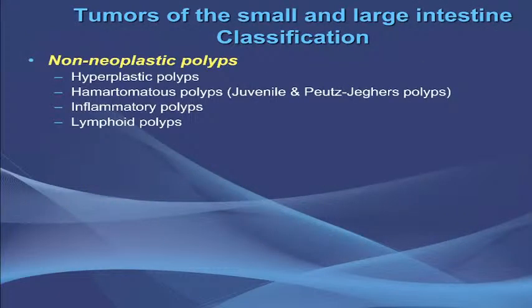So how do we classify tumors of the small and large bowel? Basically, we look at non-neoplastic polyps, and I've already given you some examples, like hyperplastic polyps, hamartomatous polyps, such as juvenile and Peutz-Jeghers syndromes, inflammatory polyps, and lymphoid polyps, which are formed by hyperplasia of the submucosal lymphoid tissue that then protrudes into the lumen to form a lymphoid polyp.